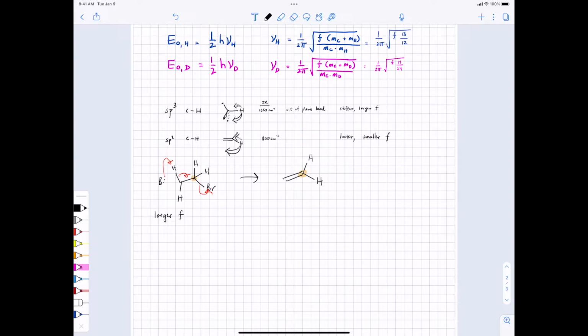Suppose we do hydrogen-deuterium exchange for this hydrogen in the starting material to product. In reality, we would do both of them, but you're going from something that's sp3 hybridized to something that's sp2, something with a larger force constant to something with a smaller force constant. All right.